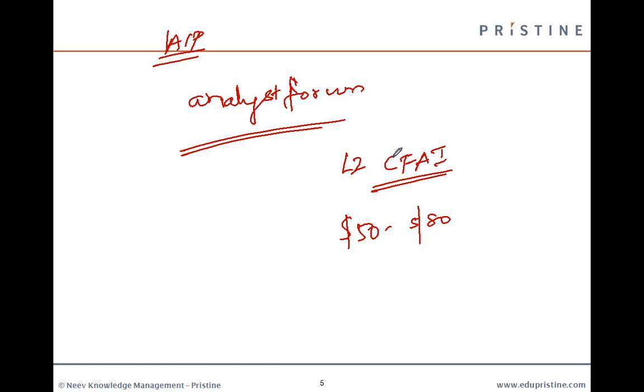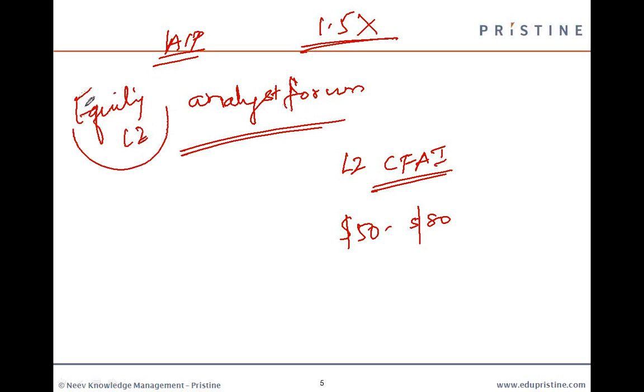As a general rule of thumb, your syllabus of Level 2 is at least 1.5 times the syllabus of Level 1. So suddenly you're dealing with voluminous concepts. If you look at the equity portion of Level 1 versus the equity portion of Level 2, it's much larger in Level 2. So that way it is a little difficult.